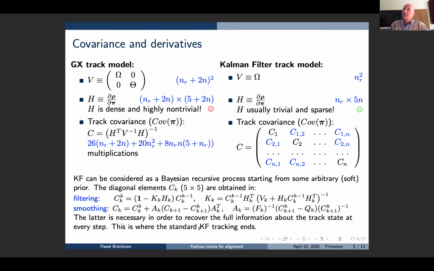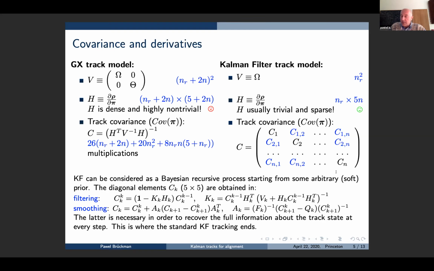Now the derivatives of the residuals with respect to track parameters are typically pretty dense and highly non-trivial objects in the global model, because you have to find the dependence of all the residuals with respect to parameters of the track, typically defined at the perigee somewhere at the origin.